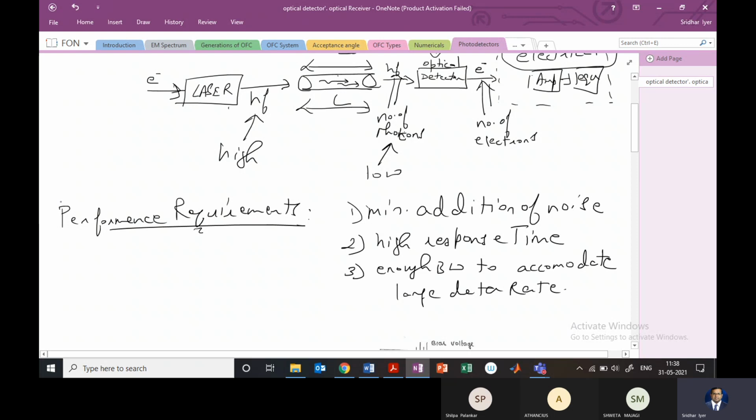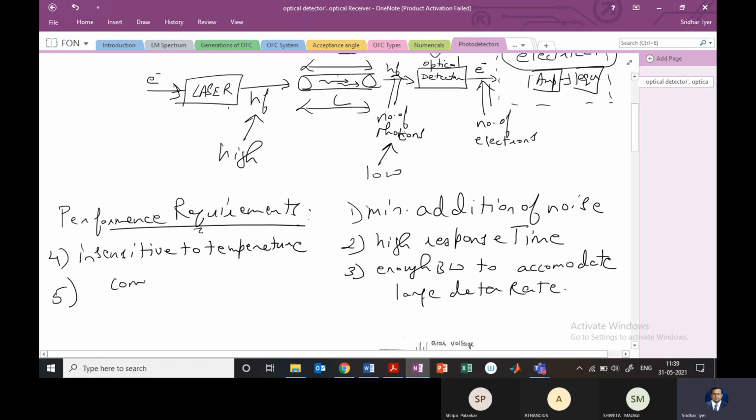The other aspect in terms of the device would be that it should be insensitive to temperature. It's like a resistor. If you hold a resistor in the hand, if it is 1 kilo ohm, because of the change in the temperature, because resistance has an equation with kT, you'll see that the resistance actually will not be 1K. It could be a little lower or a little higher, plus minus. Like that, devices and components are sensitive to temperature. We expect these photodetectors to be insensitive to temperature.